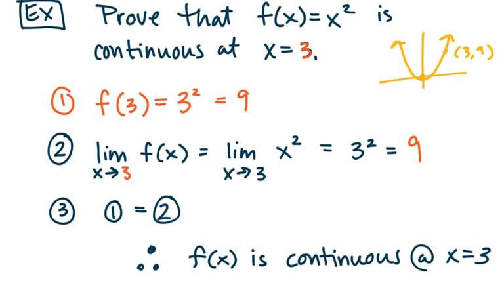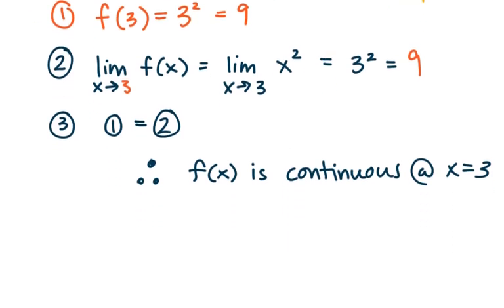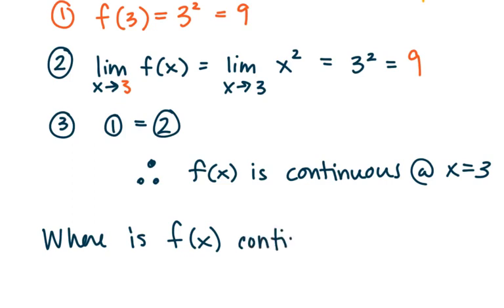Where is the function continuous? All right, so we could go a little further here, and I could say, where is f of x continuous? And essentially, all this is asking us is to say, what is the domain? And we know since f of x is a polynomial, x squared, it's a parabola, we would say it's continuous from negative infinity to positive infinity.